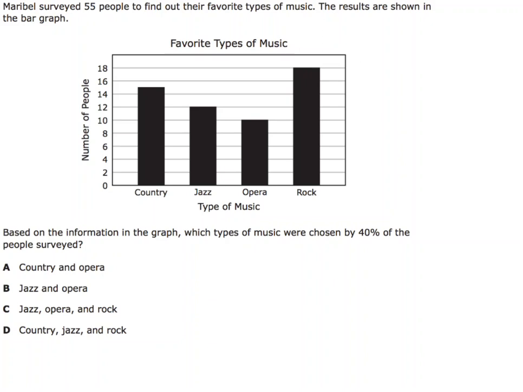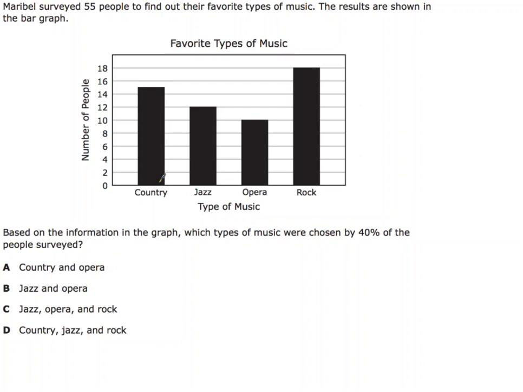So Maribel surveyed 55 people to find out their favorite type of music. The result is shown in the bar graph. Bar graphs do not have to add up to 100%. Bar graphs show something completely different. Bar graphs show the actual number of people per category, or the actual number of responses per category.